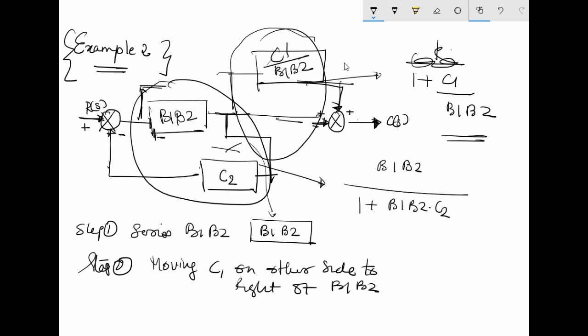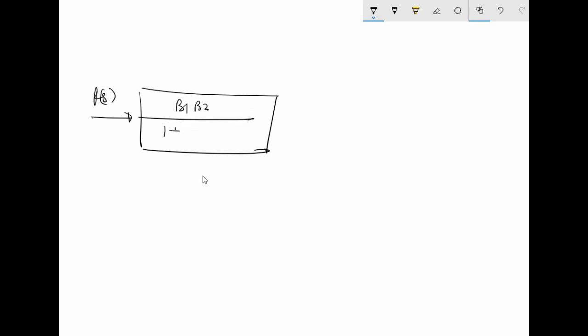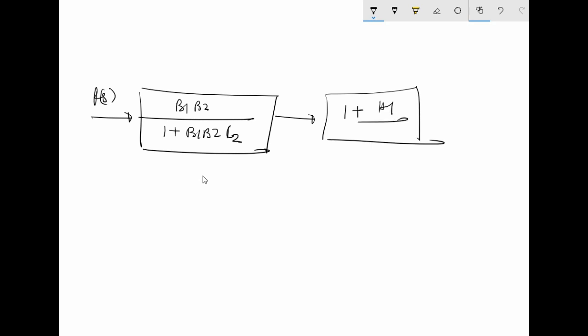Finally, you will get a transfer function where your signal is RS, and then you have B1 B2 divided by 1 plus B1 B2 into C2, into 1 plus H1 divided by B1 B2.